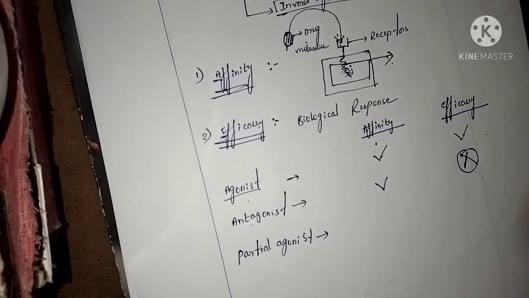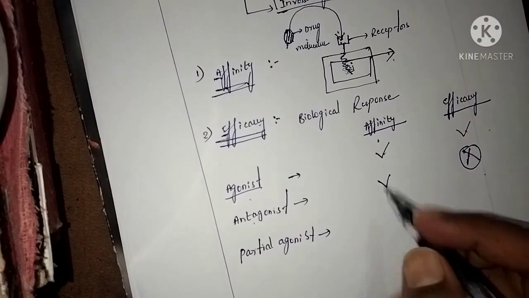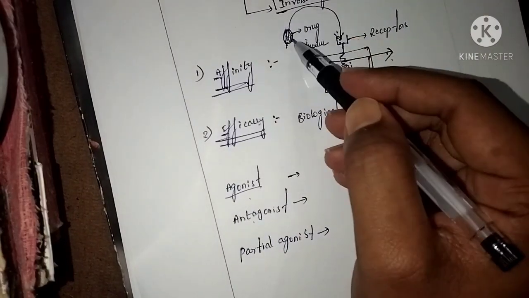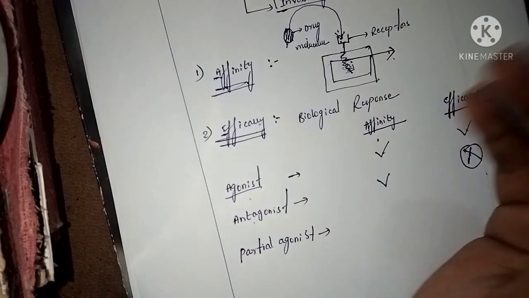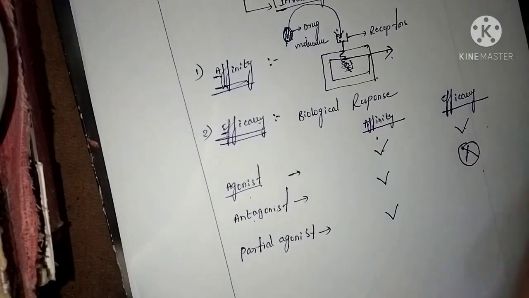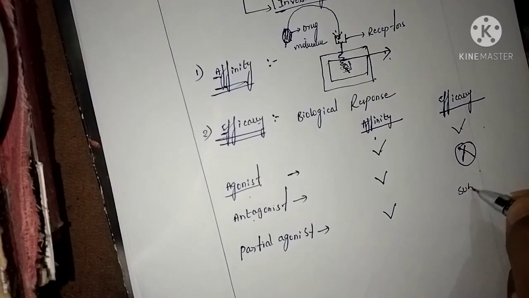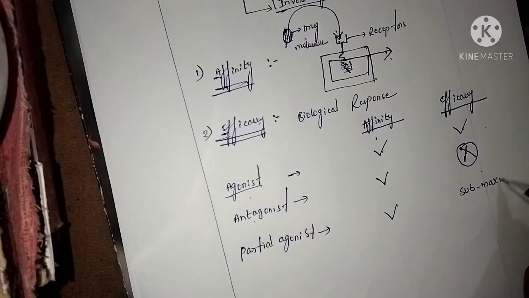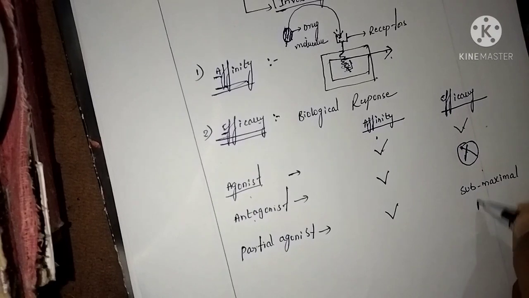But in the case of agonist, it binds to the receptor and also produces biological response, so it has both affinity and efficacy. In the case of partial agonist, the drug molecule will bind to the receptor, so it has affinity. But in the case of biological response, it shows submaximal response.